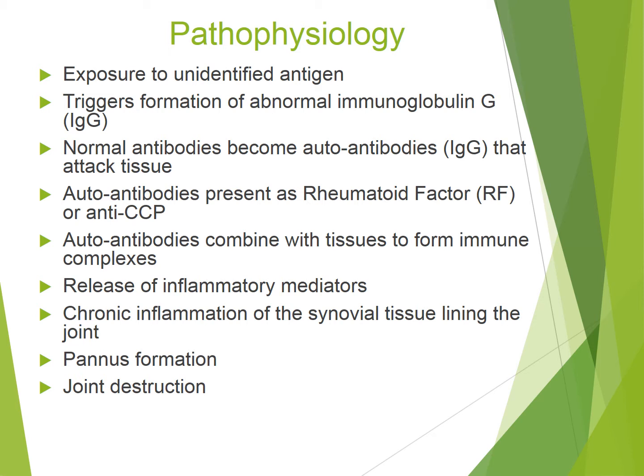You have to use your resources because your book is not very good in relationship to the patho for rheumatoid arthritis, okay? So that's actually what's going on in the joints when you talk about rheumatoid arthritis. So you end up potentially having some joint destruction. There's other things that are going to go on that we're going to talk about in a minute, okay?